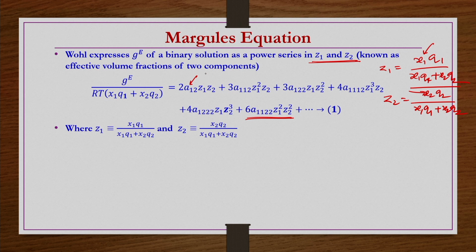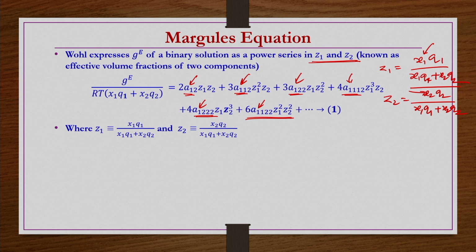Further, this A12 and then A112, A122, A111, etc. Whatever these A parameters are, they indicate the interaction between those molecules. Let us say A12 indicates the interaction between one molecule of species 1 and one molecule of species 2.